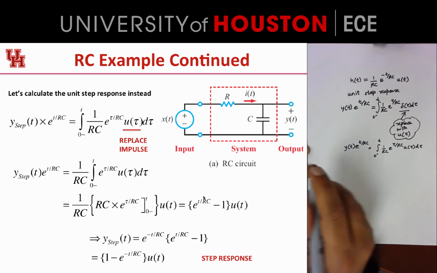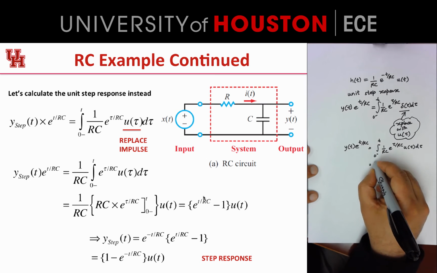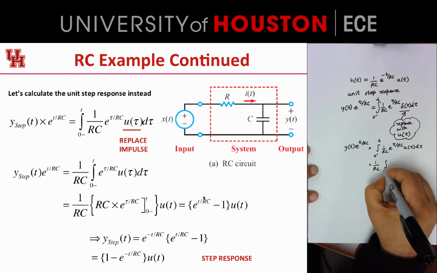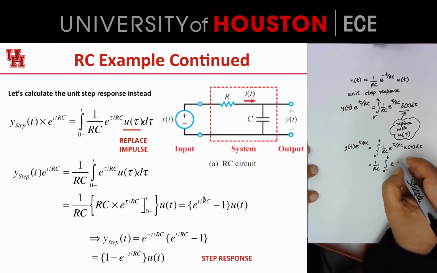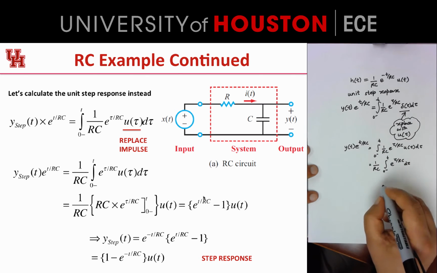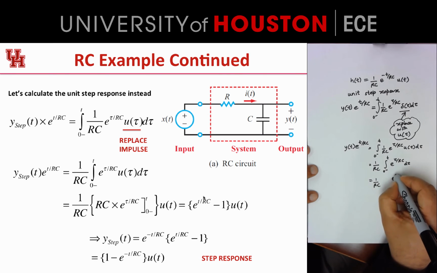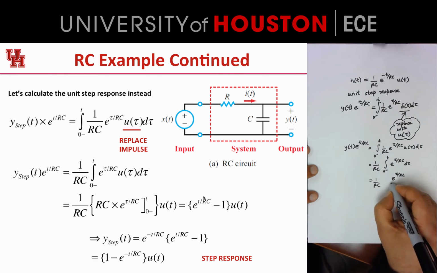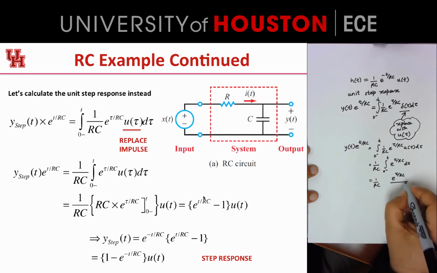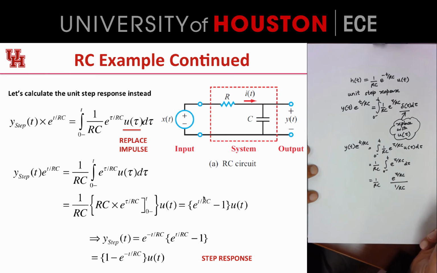So this integral is simply given by 1 over RC, I can take this outside, integral from 0 minus to t of e to the tau over RC d tau. And so this is 1 over RC times e to the tau over RC divided by 1 over RC, where tau goes from 0 minus to t.